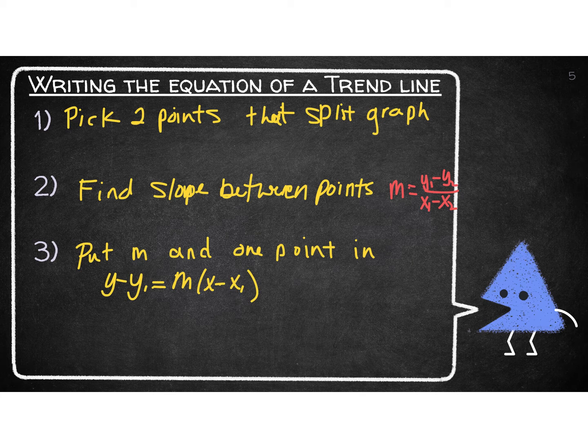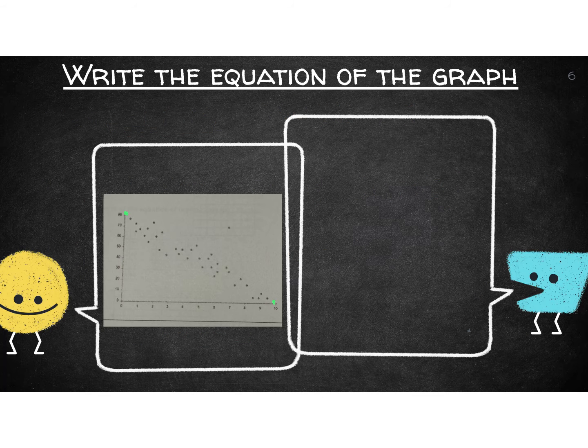So you're literally going to put the m in that you already found, and then pick one of the 2 points that you had already picked and put it in, and then simplify it down and put it into y equals mx plus b format, and then that would be the equation of your trend line. All right, so let's do an example of that.